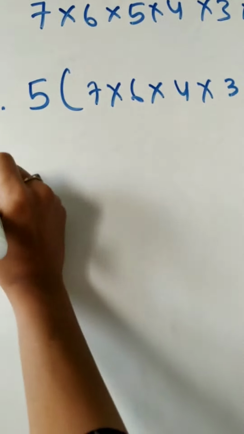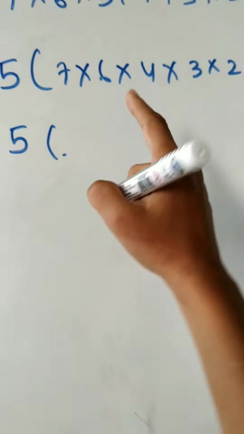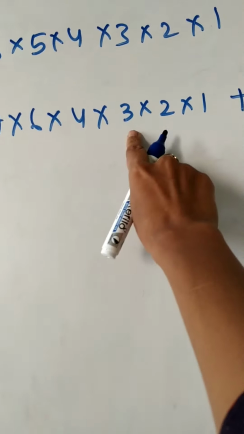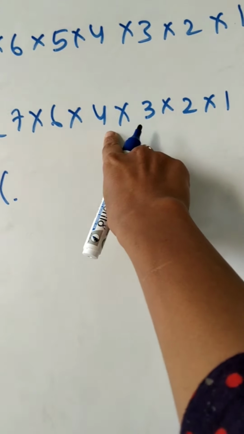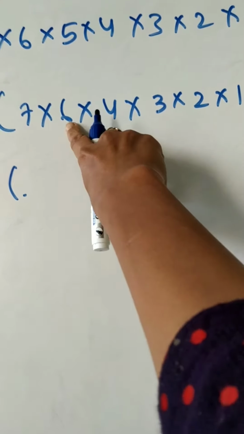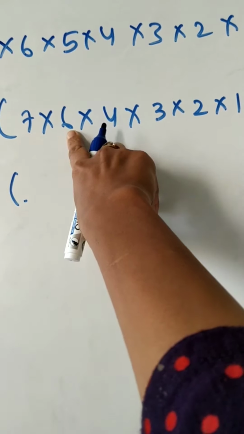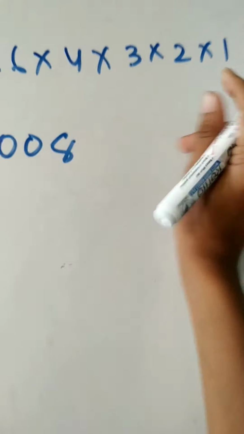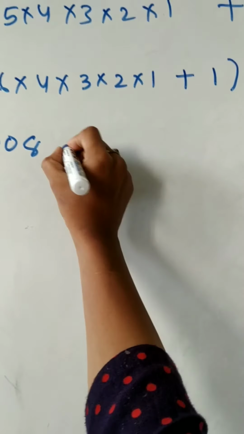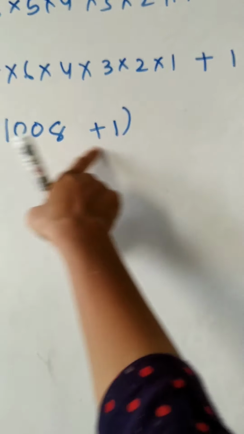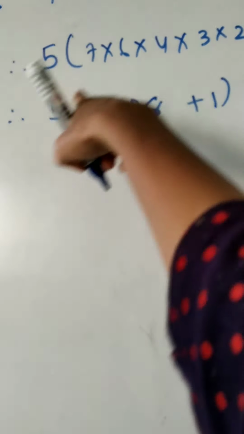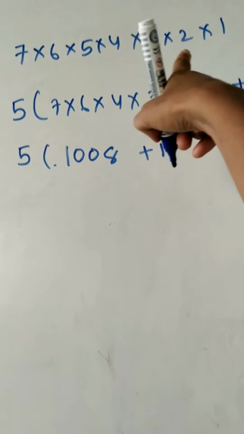So now we can write 5 into, and now we will multiply all these things. 2 threes are 6, 6 fours are 24, 24 sixes are 144, and 144 sevens are 1008. And the plus 1 will remain as it is. Here we have decided that this number is composite because 5 and another number are also factors of that particular number.